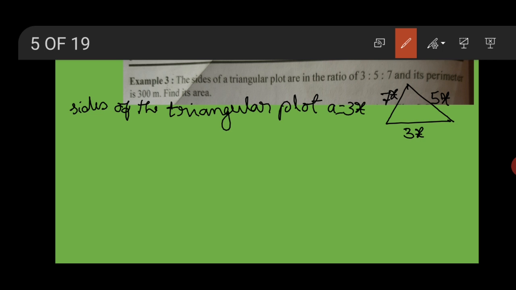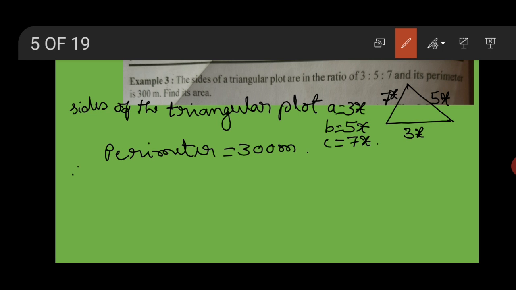A is equal to 3x, then B is equal to 5x and C is equal to 7x. Now it is given perimeter is equal to 300 meter. So find what is x. Perimeter is given by the sum of the three sides, A plus B plus C is equal to 300. Substitute now. 3x plus 5x plus 7x is equal to 300.